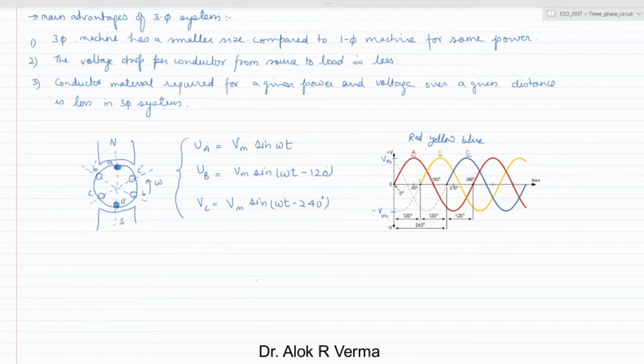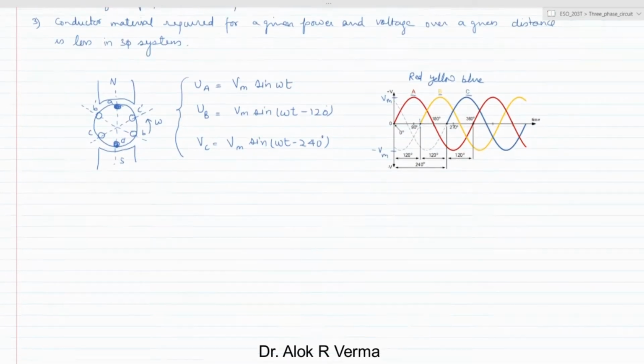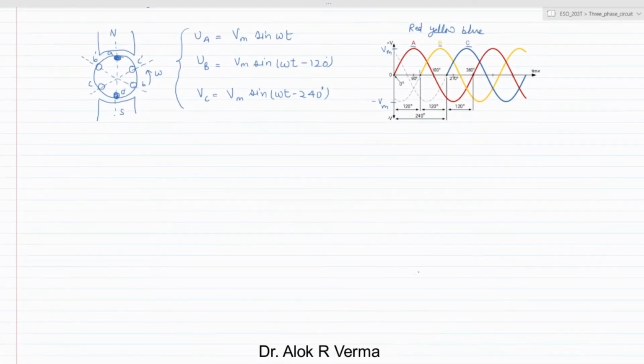suppose we are taking reference as VAA, which is VA here. So now we can have a voltage VA, and the magnitude is VM.